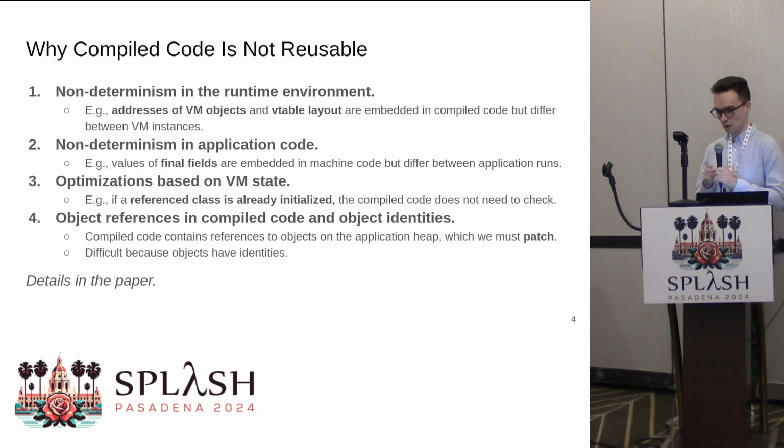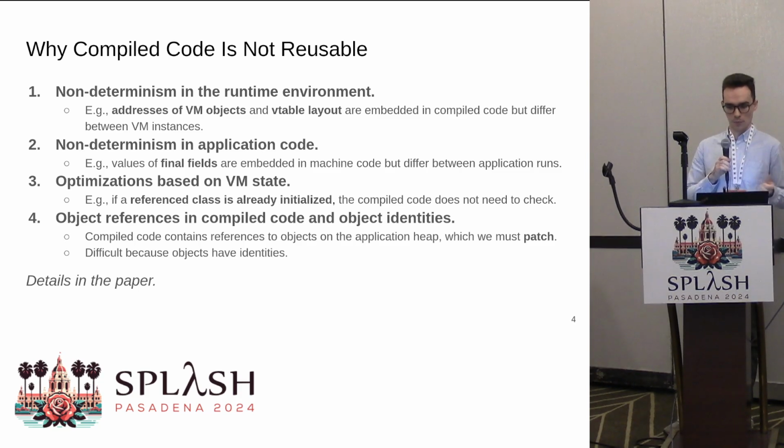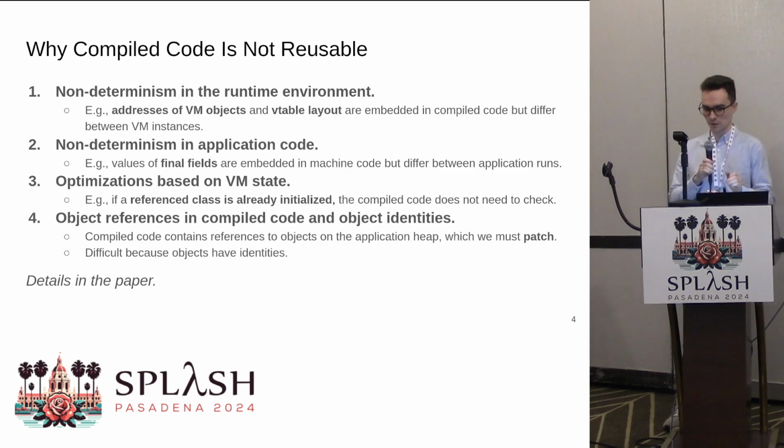In general, compiled code is not reusable because the compiler specializes it to the running VM instance, as I already said. And these are the more specific categories. So the first one is about the non-determinism of the runtime environment itself, and the compiler can somehow specialize to this non-determinism.